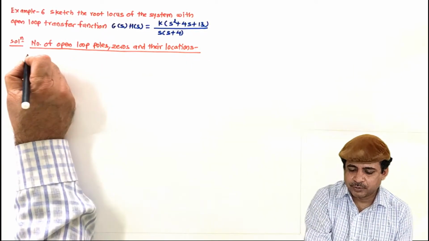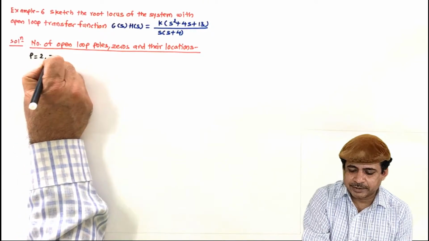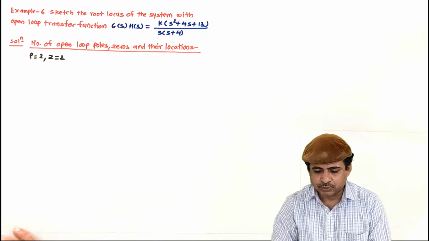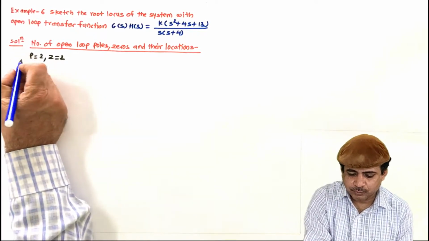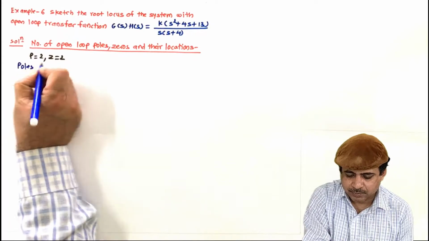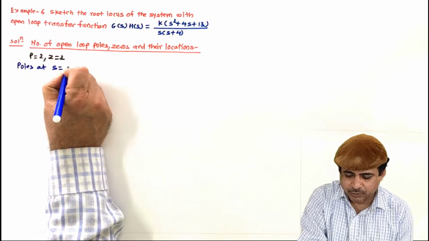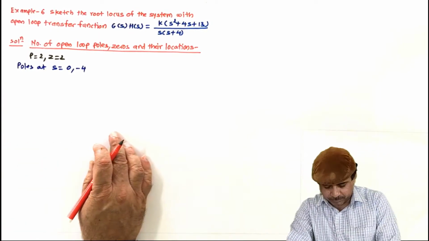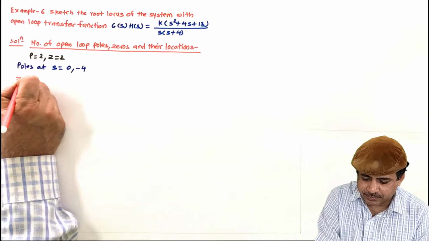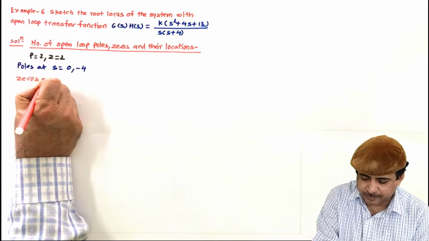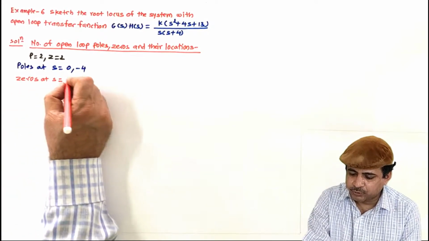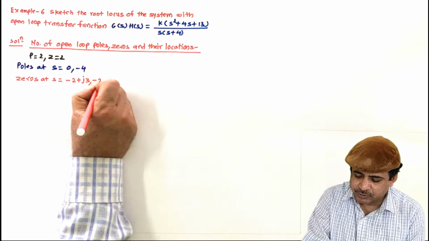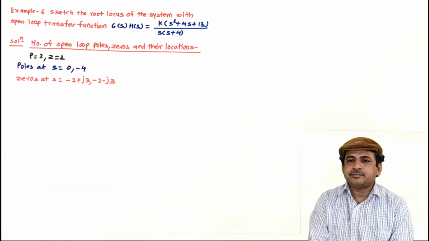So here we have P equal to 2 and Z is also equal to 2 because this is a quadratic and it will have two zeros. So poles at s equal to 0 and minus 4, and zeros at s equal to minus 2 plus j3 and minus 2 minus j3.